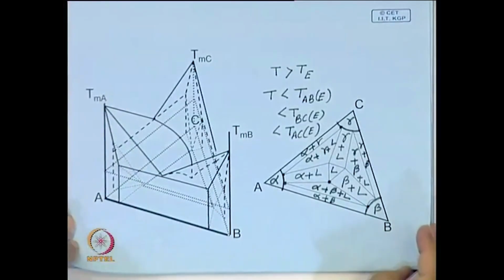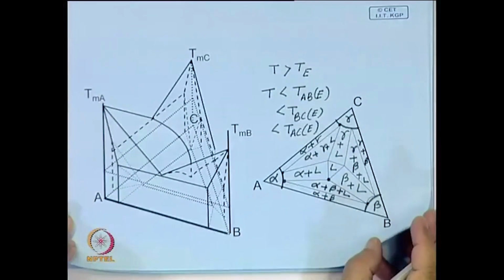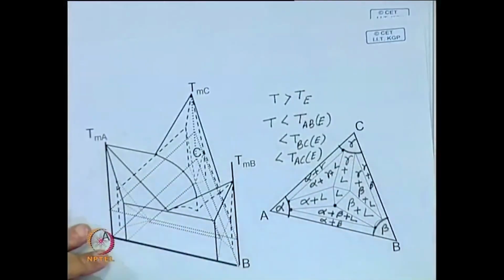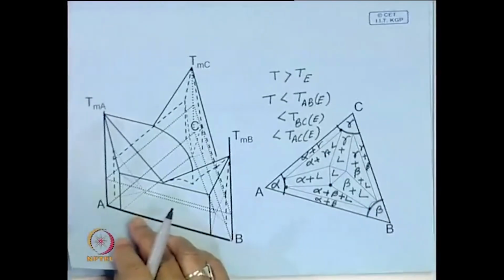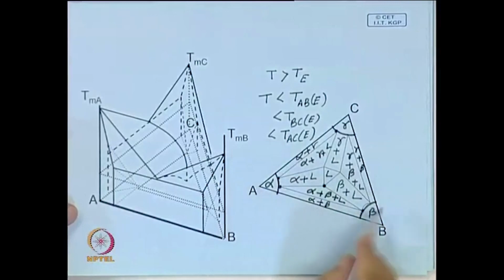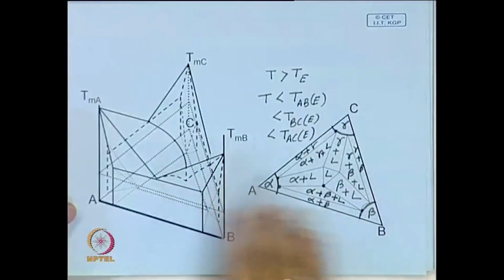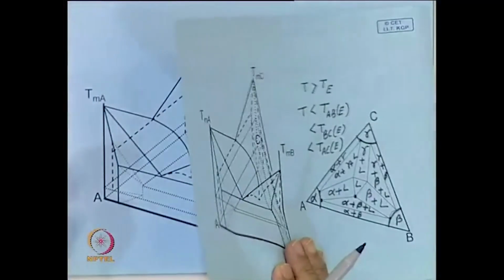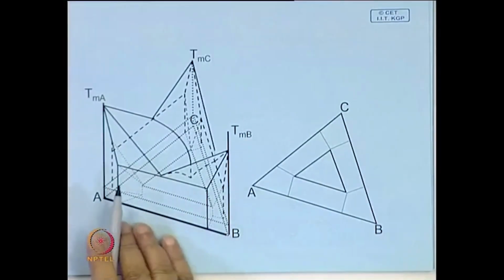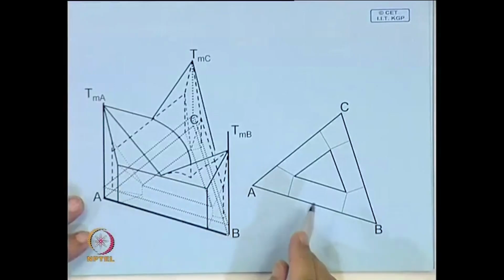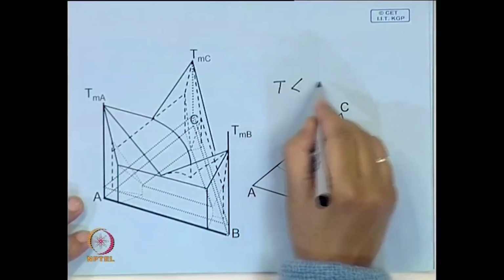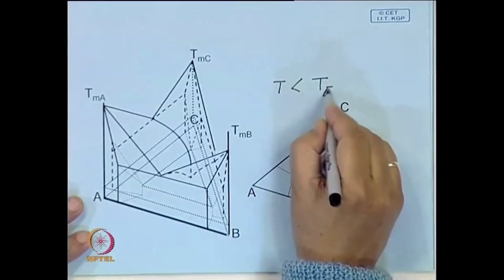So, in the same way, it is possible to construct or visualize from this type of ternary eutectic diagram, or you can construct a model and try and verify whether you get this kind of horizontal sections. And here is a horizontal section at a temperature below the eutectic temperature. That means this horizontal section is below the ternary eutectic.